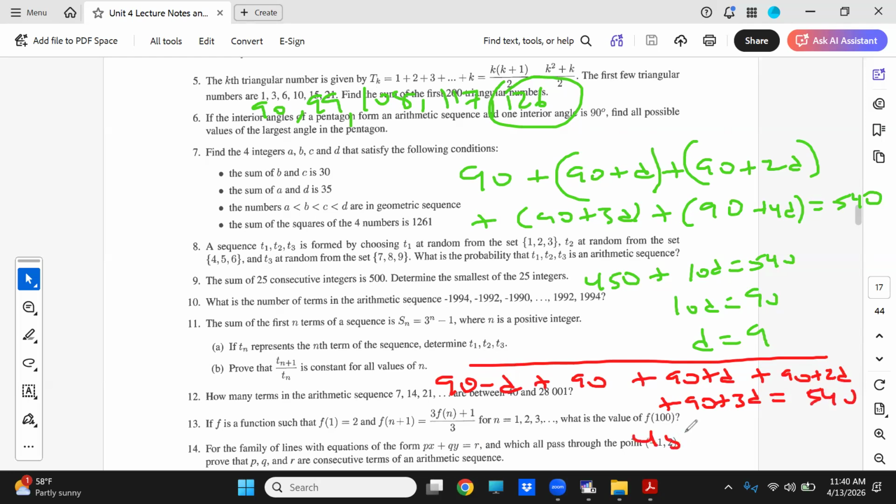So 450 plus 5D equals 540. D equals 18, I think. So you have 72, 90, 108, 126, and 144. I think that's right. Yeah, that also works. So 144 is another possibility.